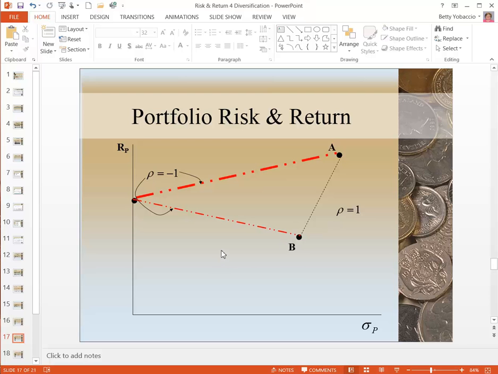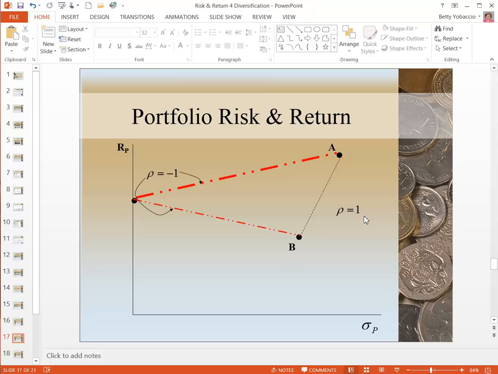Now remember, before we talked about the concept of stochastic dominance. In this case, any rational investor would prefer one of these line segments over the other. And it's the upper line segment that's preferred, where for any standard deviation you get a higher expected return.